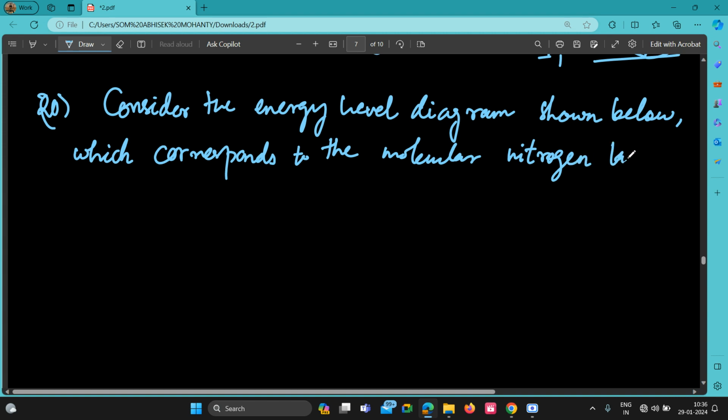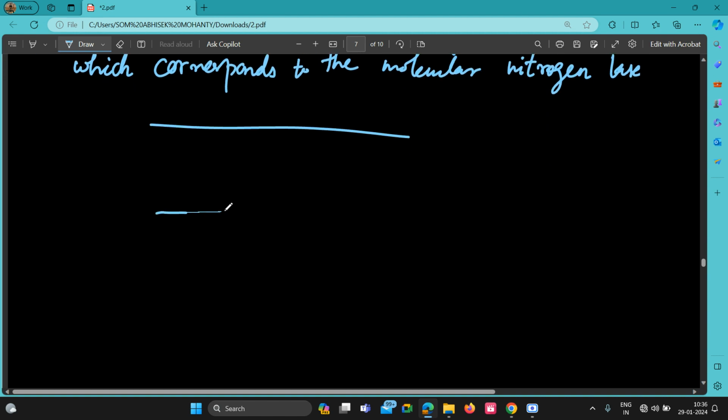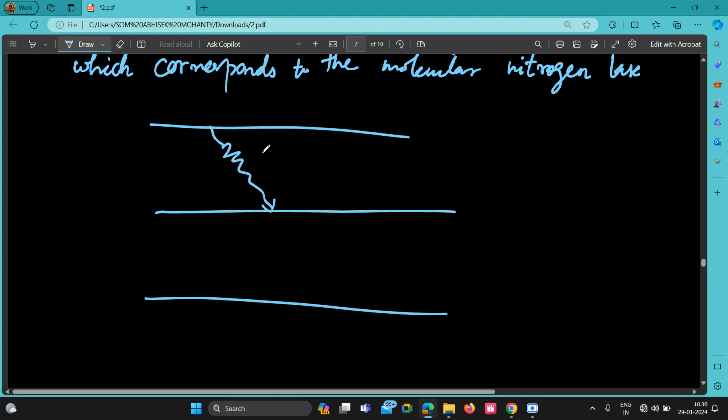This is a transition here, tau 21, and this is tau 1, this is level 1, this is 0, this is 2, and this is your R.